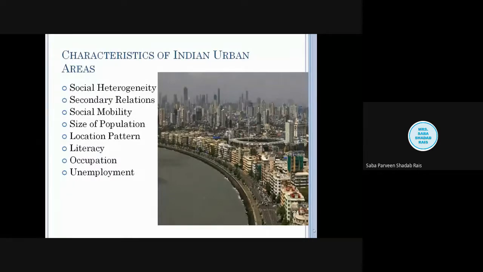They are working as salesmen, or for Swiggy, as delivery boys. All such small options are available in the urban area, but these things you will never find in the village areas.